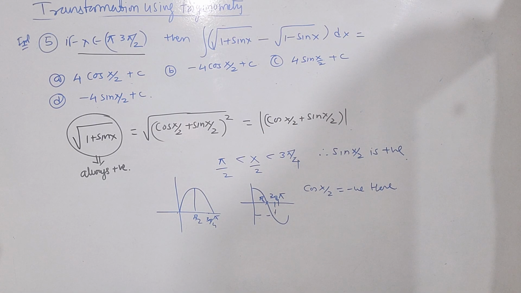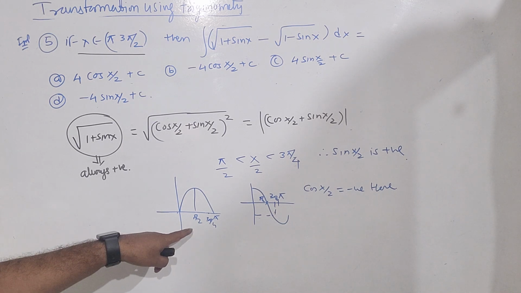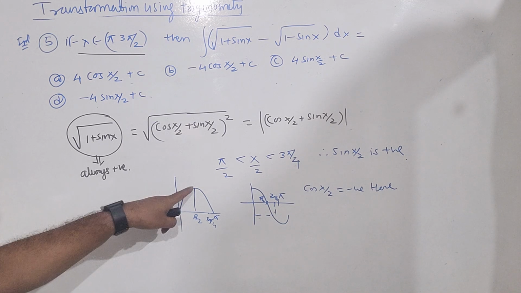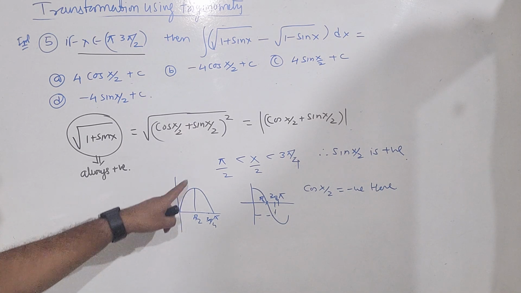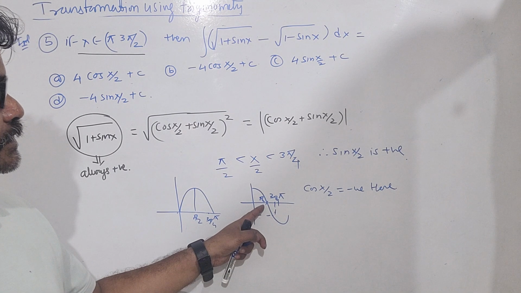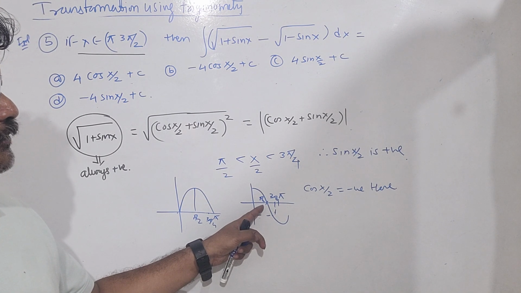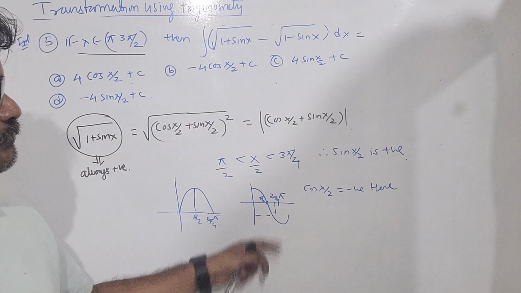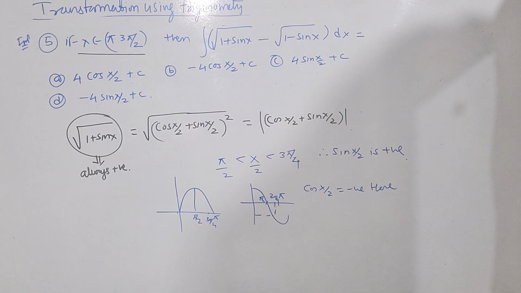Cos x by 2 is negative. Now what is the value of sin x by 2? At pi by 2, sin x by 2 is 1, and it will keep decreasing below 1. And here cos pi by 2 is 0, this is a decreasing function, and then sin 3 pi by 4.